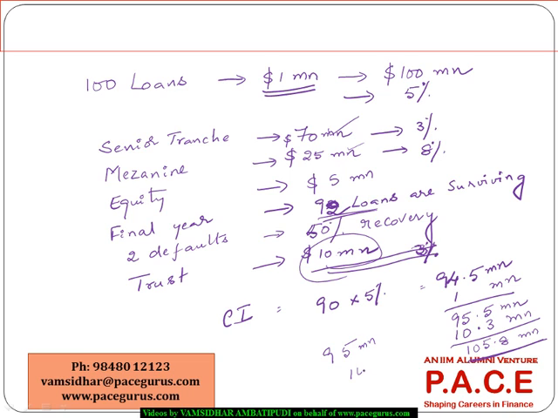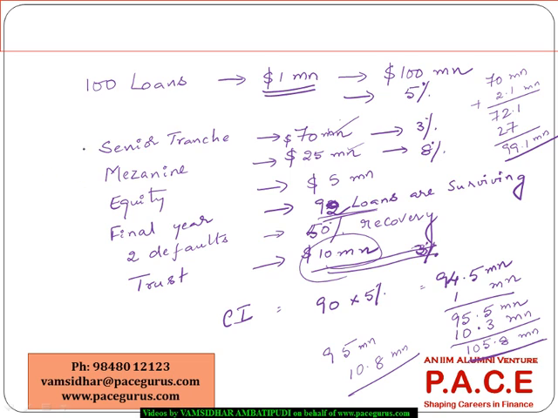So what I'm left with is just 10.8, and at the same time to the senior tranche even the interest has to be paid. So 70 million is the principal plus 2.1 million is the interest. So 72.1 needs to be paid to the senior tranche, and to the mezzanine 25 million and around 2 million, 27 million. So 99.1 million has to be paid to the senior as well as the mezzanine.